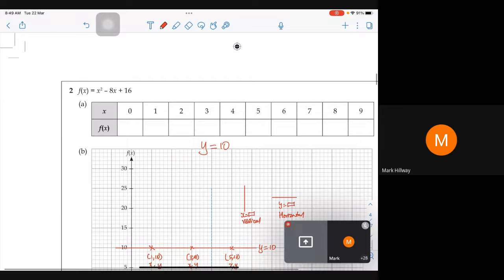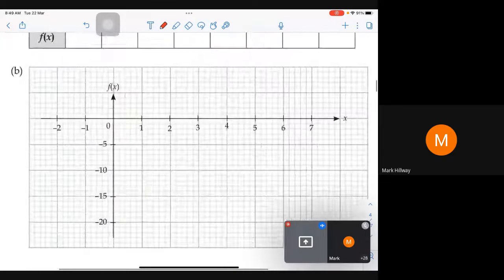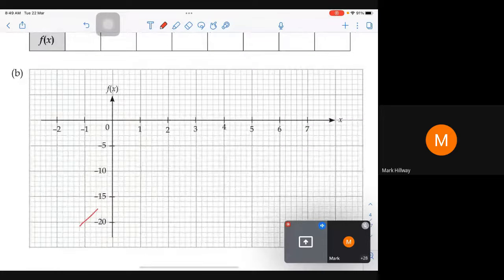Okay, let's say I use this graph and I draw a straight line. Of course, the value for c is negative 15, right? Am I right? Yes.